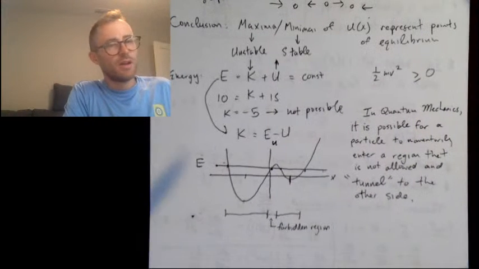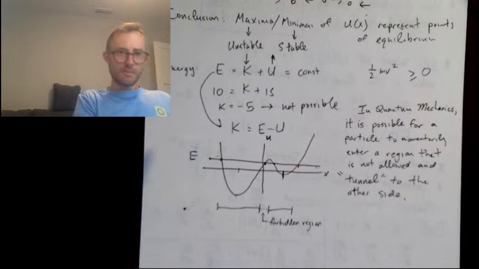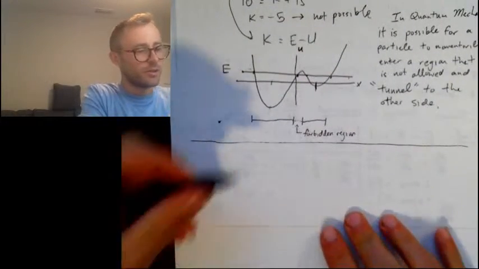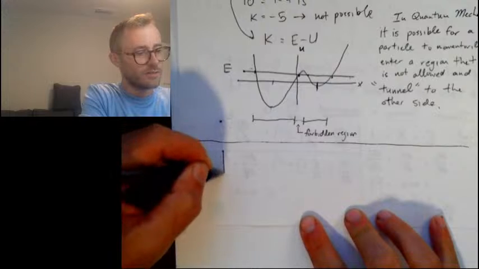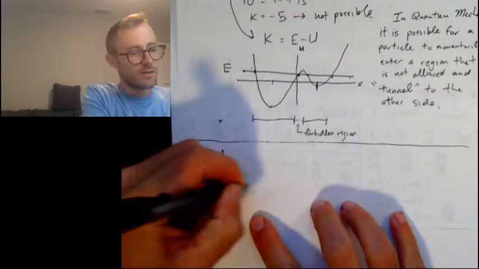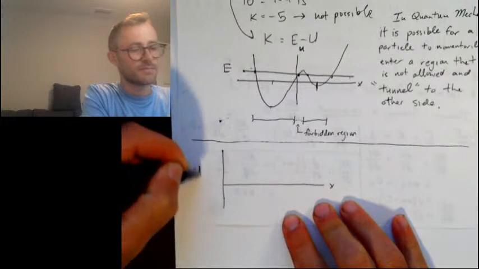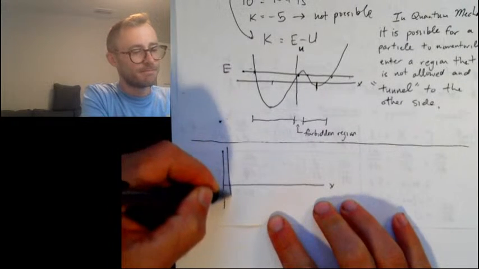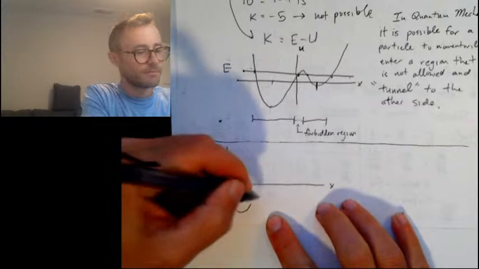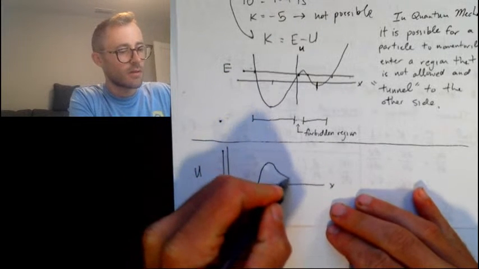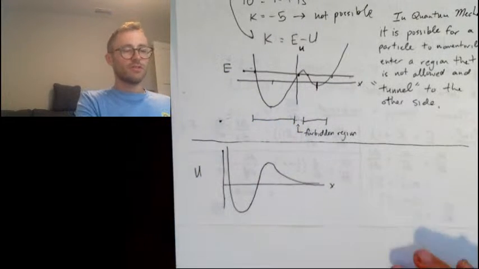I wanted to give you another example of U of x graphs. A U of x graph that you see in nuclear physics looks like this.